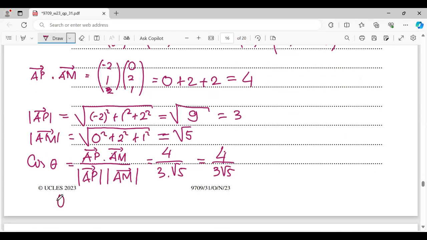So theta is cosine to the power negative 1 of 4 over 3 square root 5, and I get 53.4 degrees.